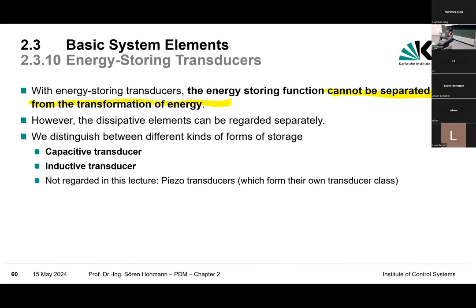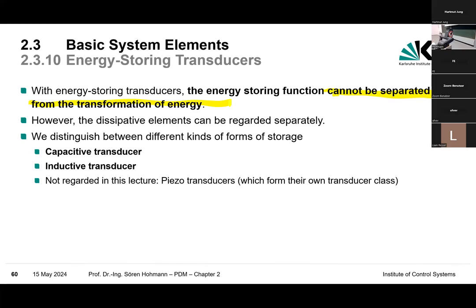Remember, in a typical gear, there's a storage also present if you have a mechanical gear because of the inertia of the gears itself. But we can separate the inertia modeling from the transducing principle itself, putting this as inertia elements or capacitors or one-graph capacitors into the overall structure.